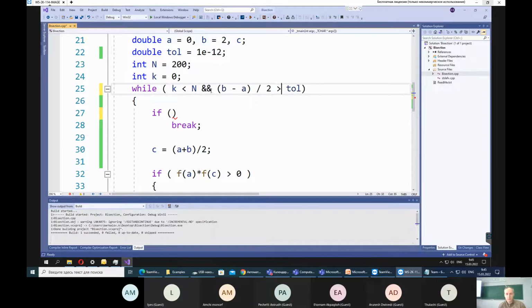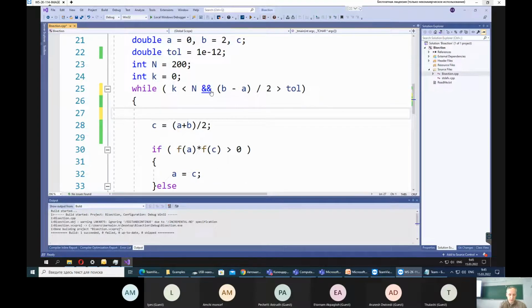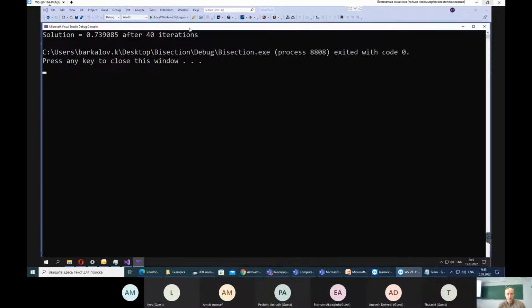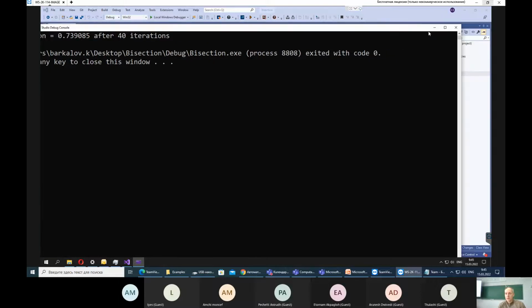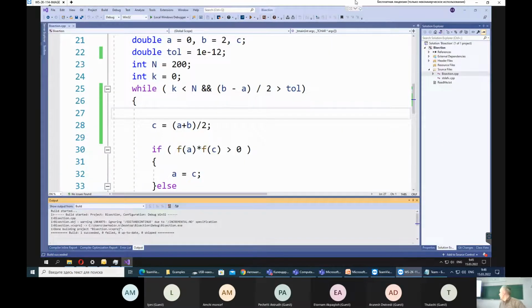So you repeat the iteration how many times? I run it again now, and you see that the method converges after 40 iterations. Well, yeah, the method stops when the interval becomes smaller than tolerance.